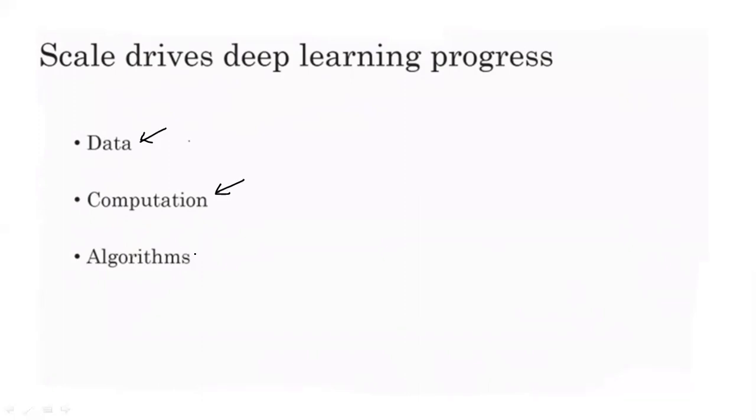And the third point you can see is the algorithms. So the algorithms that we are using today are getting more efficient day by day. I'll give you an example for this. For example, in the previous video lectures in this series on neural networks and deep learning, we have a function called the ReLU function for classification.